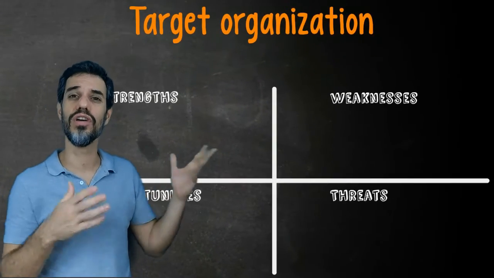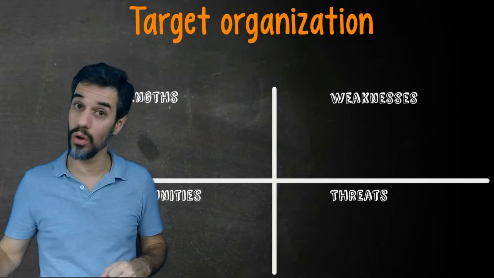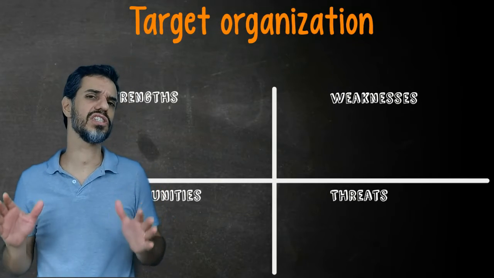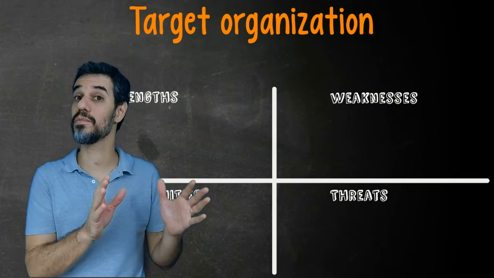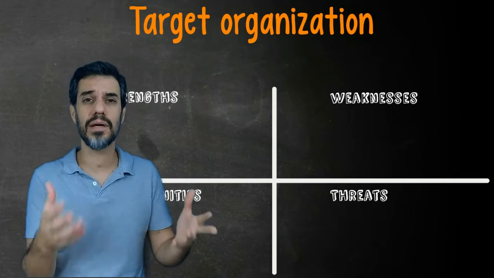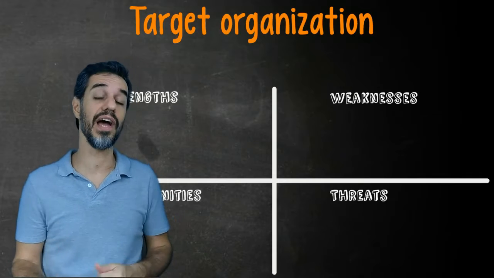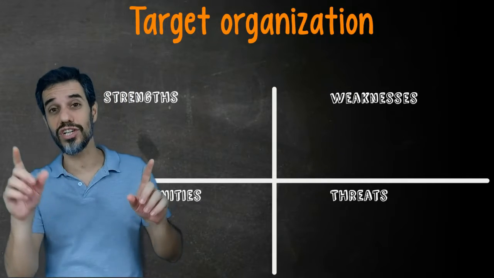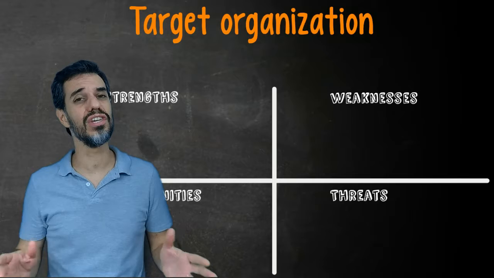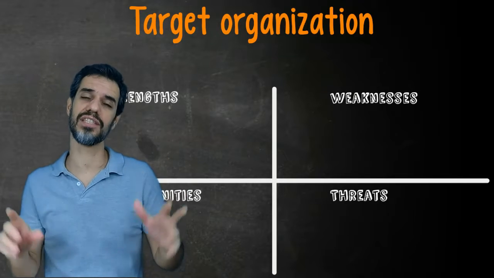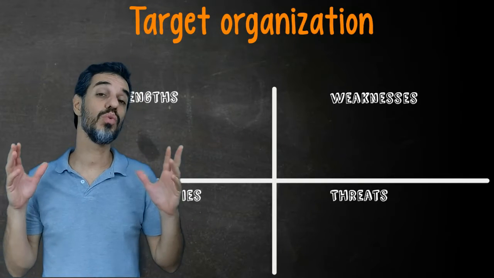What I call here an organization may be the whole company, or maybe just a section or a department of a company, or in some other case, a process or a service served by your company, or your project, or any initiative, any enterprise, anything you want to analyze.